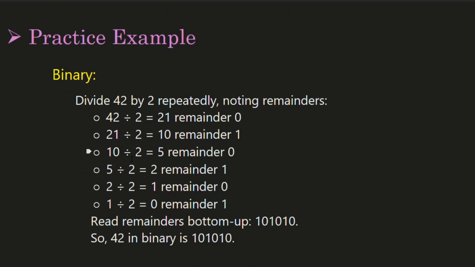Let's wrap up with a practice example to tie everything together. We'll convert the decimal number 42 to binary, hexadecimal, and show its 8-bit representation. First, binary.